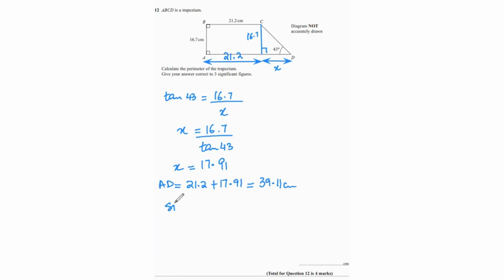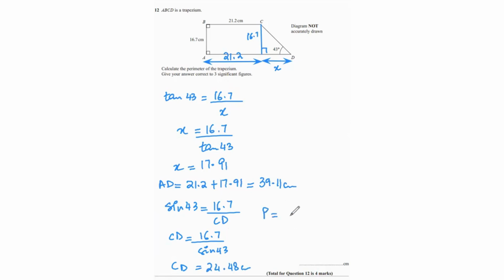We're going to use sine now. Sine 43 equals 16.7 over CD. CD equals 16.7 over sine 43, which gives us 24.48 centimeters.